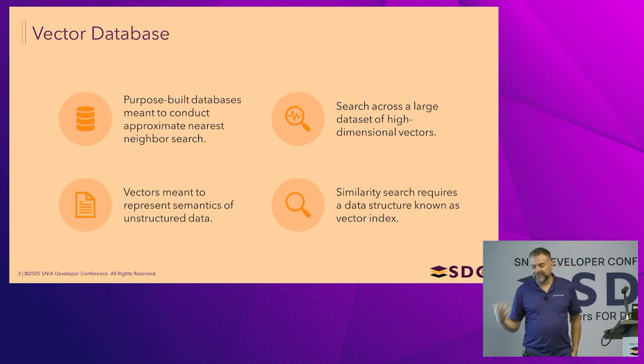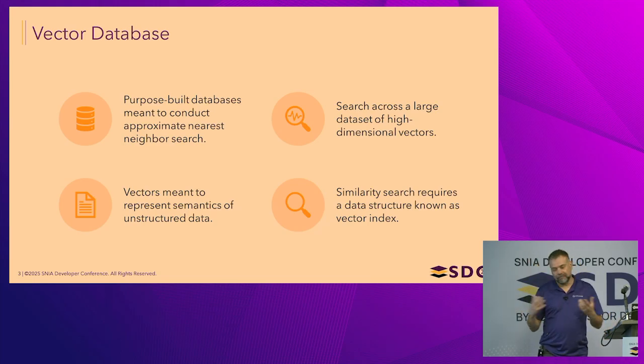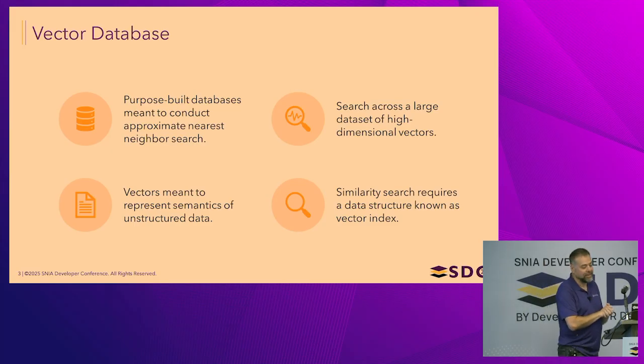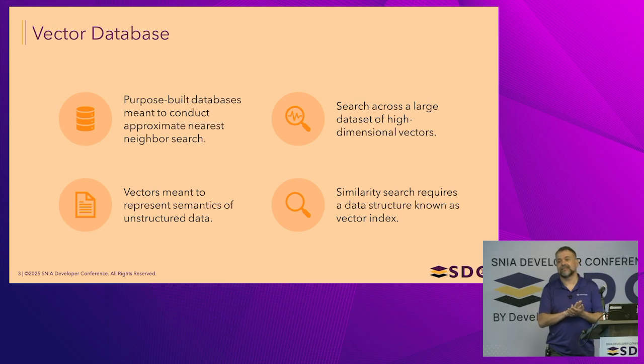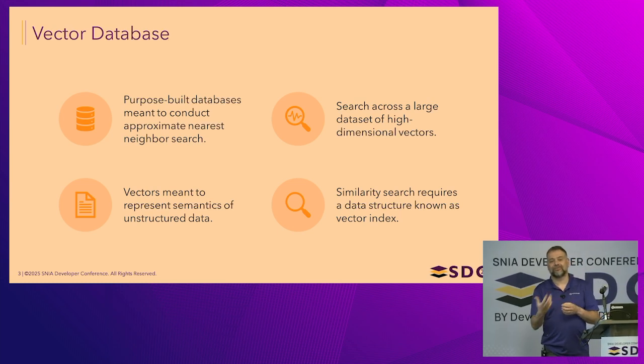So starting with vector databases, why do we use them? There are so many applications, but they provide similarity search. That is what we want to understand: a vector database provides similarity search, and this is what gives RAG the response.